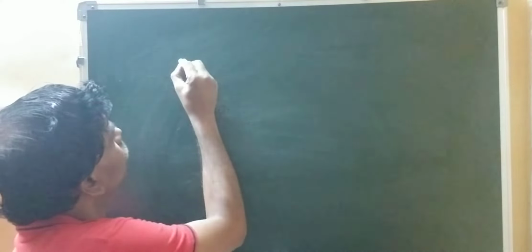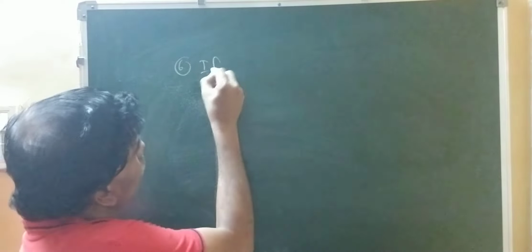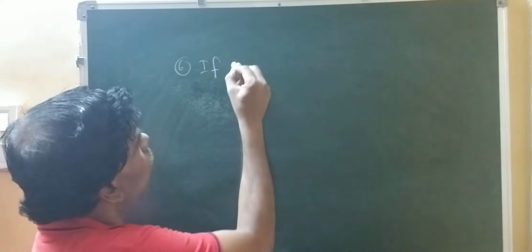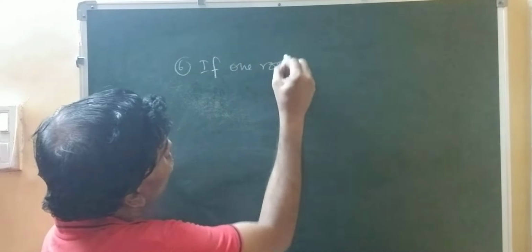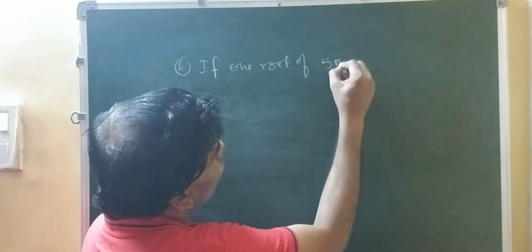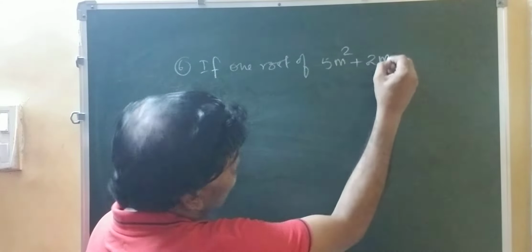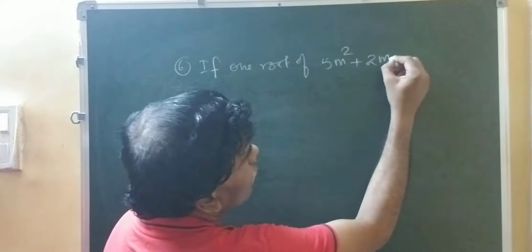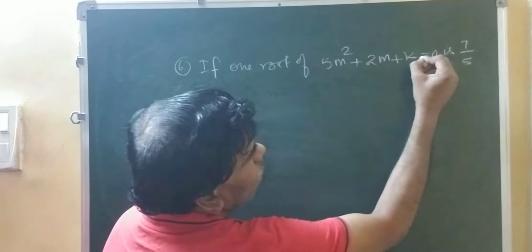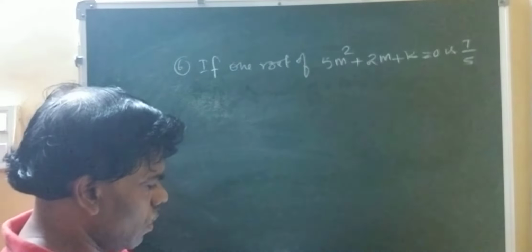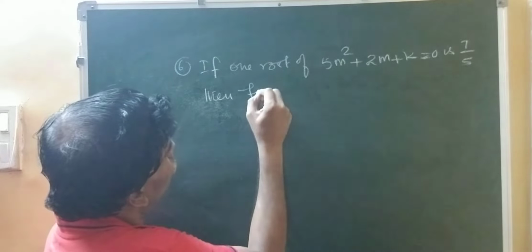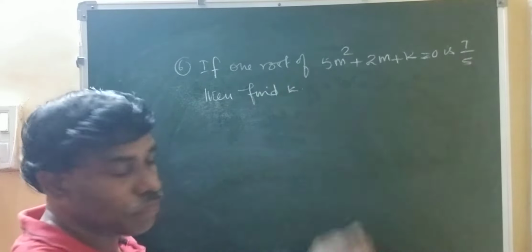Sixth sum. If one root of 5m square plus 2m plus k equal to 0 is 7 upon 5, then find k.